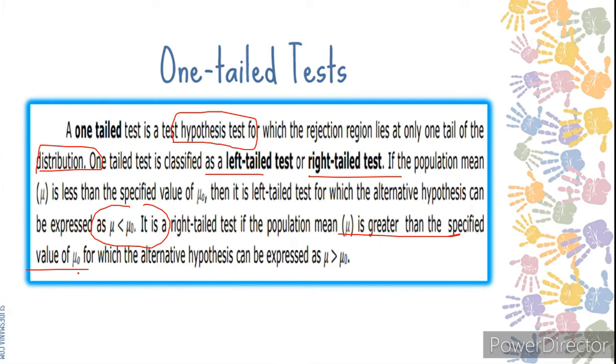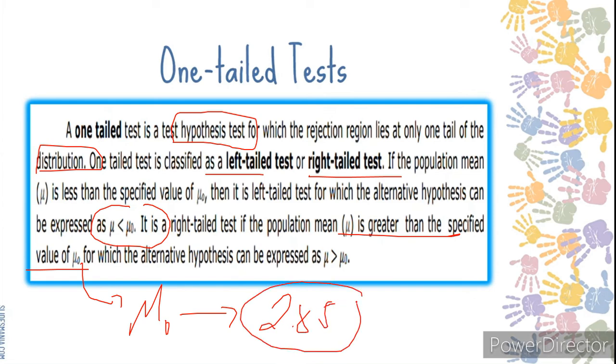When we say a specified value, yung mu sub 0, depende yan sa ibibigay na value ng ating given. Example, 2.85, 2.95, depende yan sa problem. Kasi may babanggitin siya doon na number. Nilagay lang yan mu sub 0 para symbol lang siya. Di ba mathematics tayo, kailangan tayo mag let ng mga variables na magre-represent sa mga specified value, di ba? So, yun po.